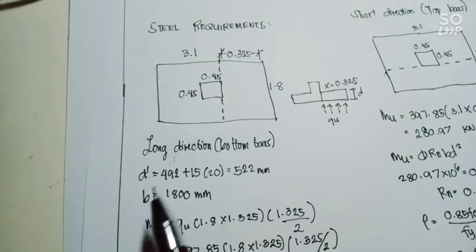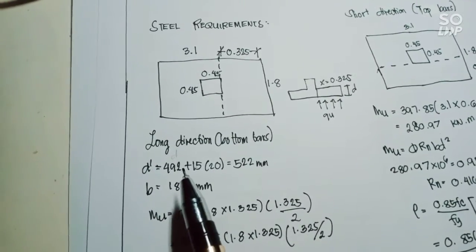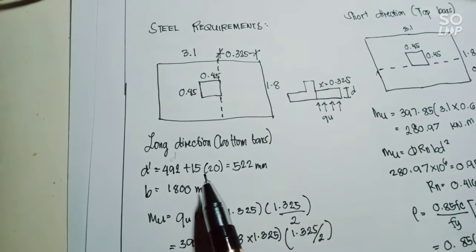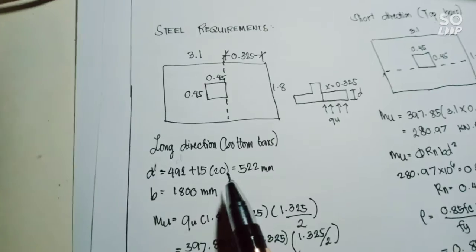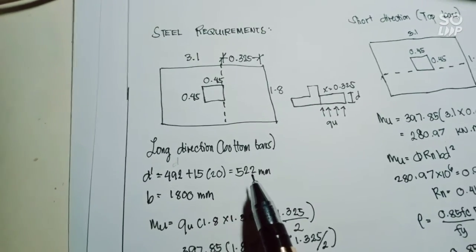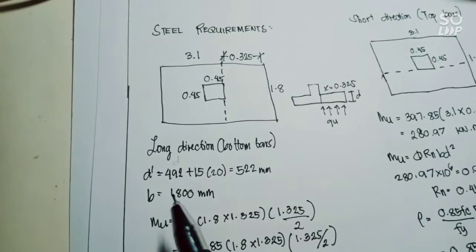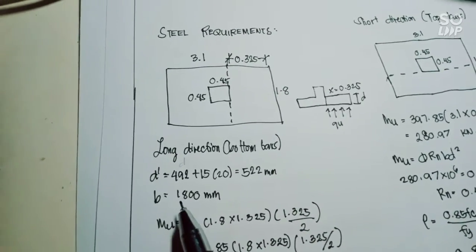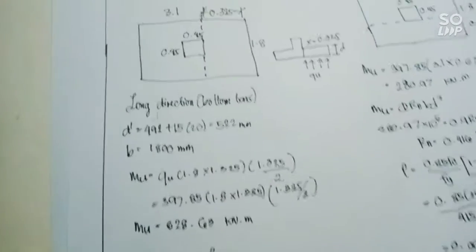So substitute d, which is 492, plus 1.5 times the 20 diameter of the steel bar, which equals 522. So our d prime is equal to 522 millimeters, and B is 1.8 meters or 1,800 millimeters.